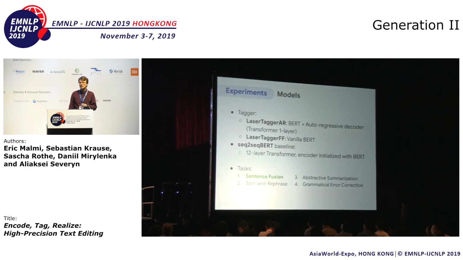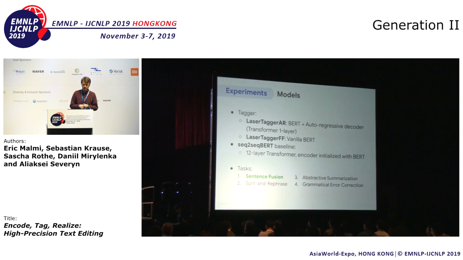Right, so in the experiments, we compare three methods in addition to the previous work. First is the autoregressive variant of LaserTagger, where we use BERT plus a transformer decoder. The second method is a feed-forward version where we just use the vanilla BERT model, fine-tuned on the tagging task.